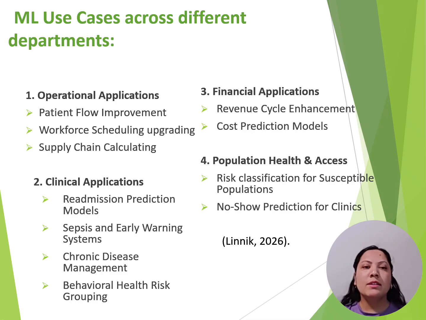So machine learning can be used across different departments. First, the operational application. We can use machine learning in operational application for improvement in patient flow. We can use it to upgrade workforce schedules, as well as to calculate supply chain.